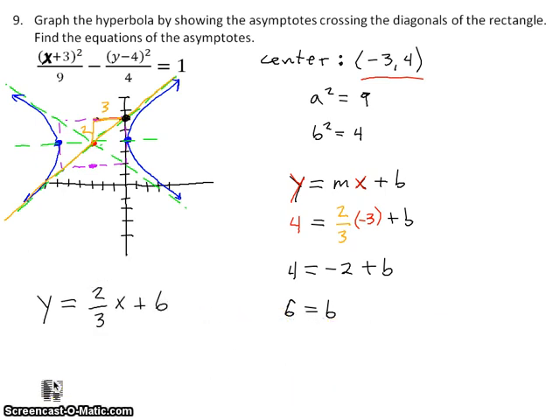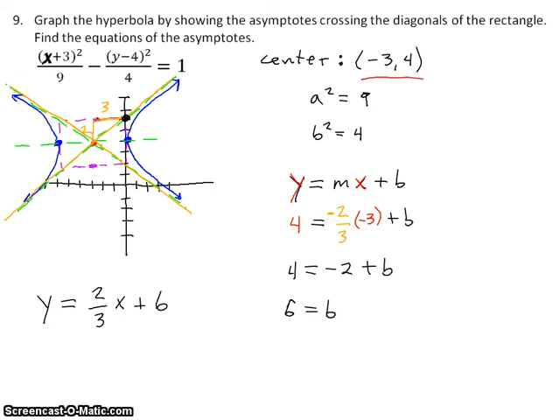equation of our asymptote. We need to figure out the other equation of our asymptote, and the other equation has a negative slope. This asymptote is falling from left to right. And the difference is that our slope now is negative.